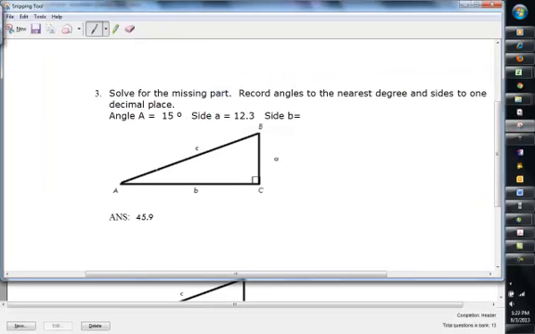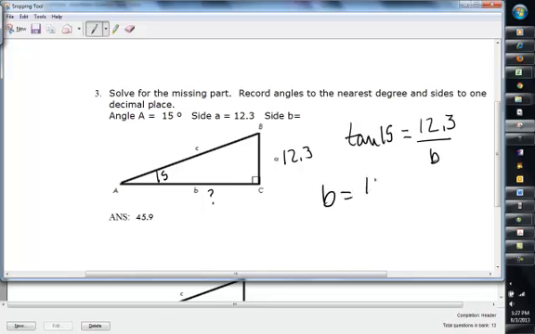Okay, this time this angle is 15 degrees. This is 12.3. This is what we're looking for. So the tangent of a 15-degree angle is the opposite, 12.3, over the adjacent B. Or B is 12.3 over tangent 15.